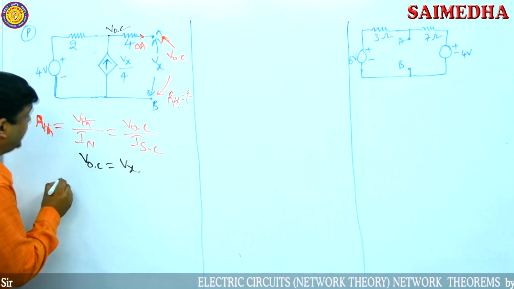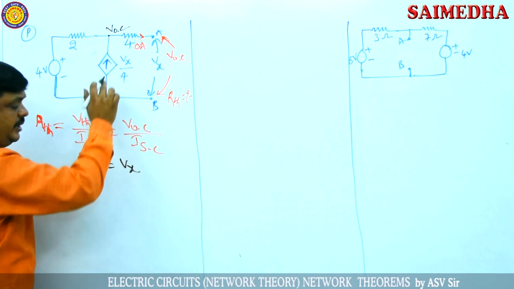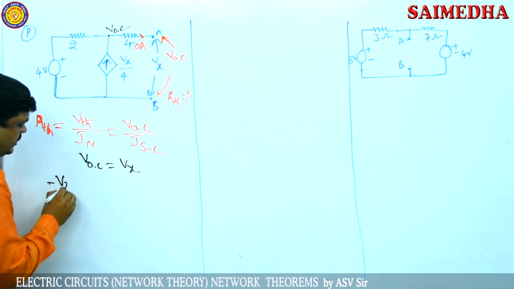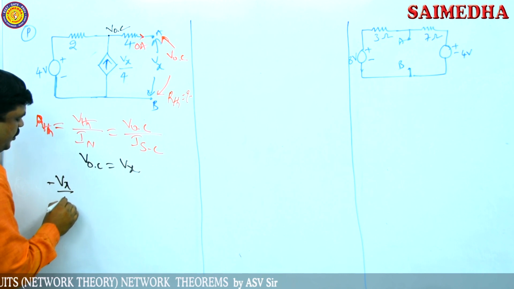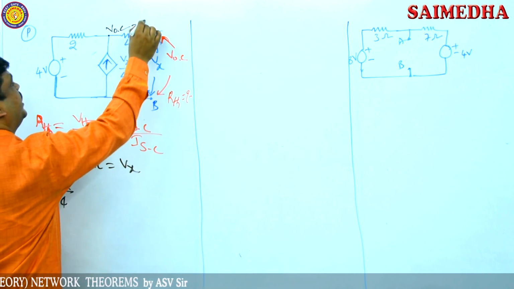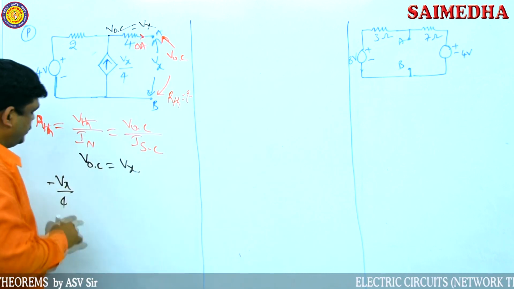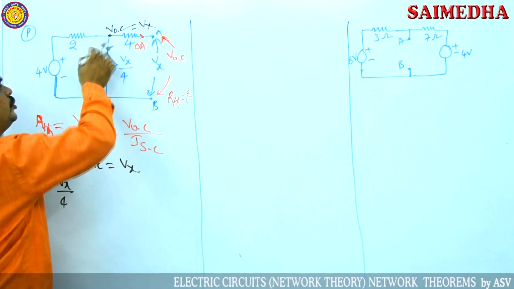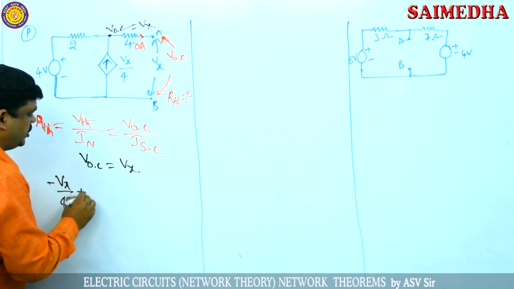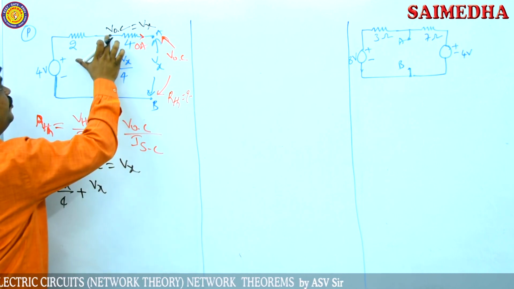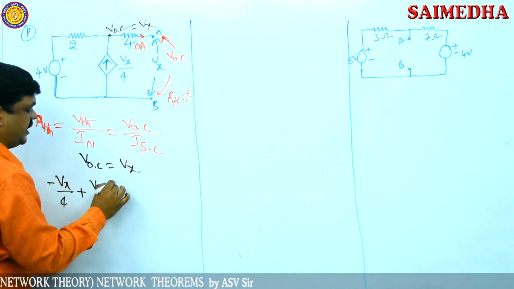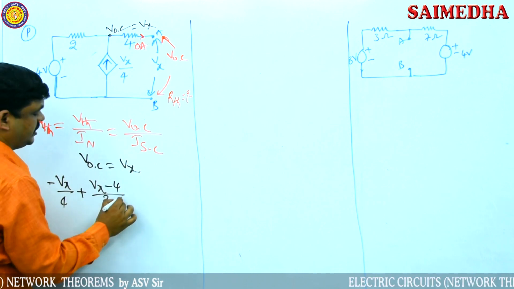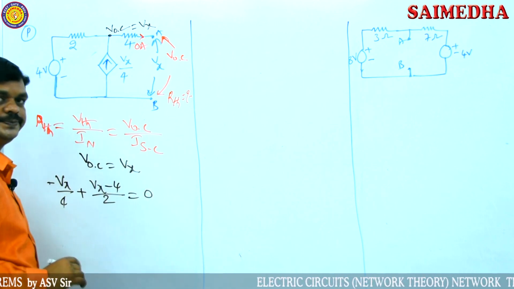Then apply nodal analysis. This current is the incoming current, so minus Vx by 4, because the current is in the incoming direction here, and the current through this branch is Vx minus 4 divided by the resistance 2, equal to 0.